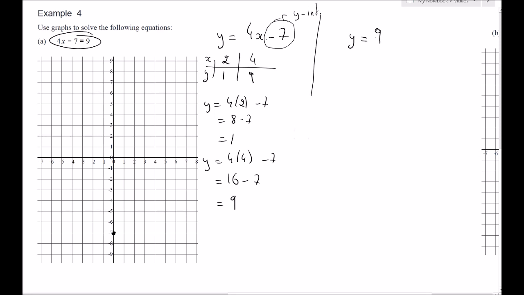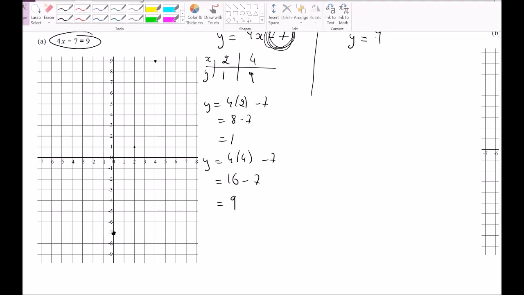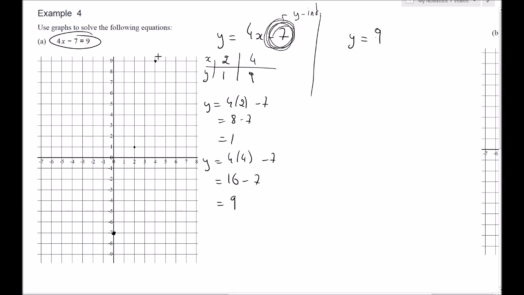I have my y-intercept here, and I have 2, 1. So I'm going to plot that 2, 1 here, and 4, 9, like that, and I am going to draw that line. It should look somewhat like this. Let's have a look.